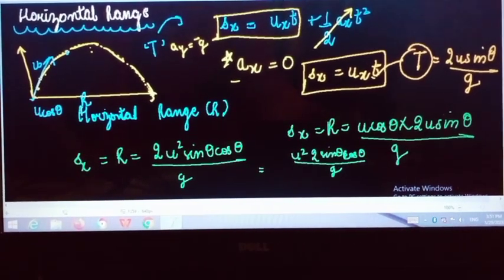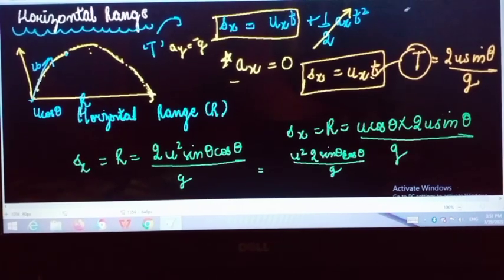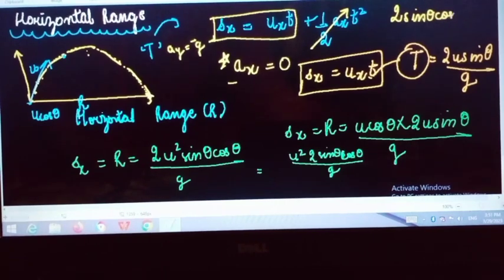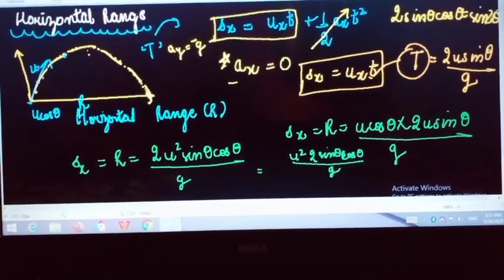Now in trigonometry we have studied a formula, which is 2 sine theta cos theta is equal to sine 2 theta.